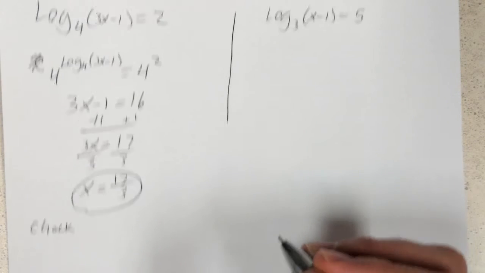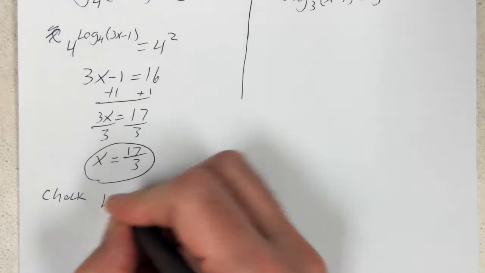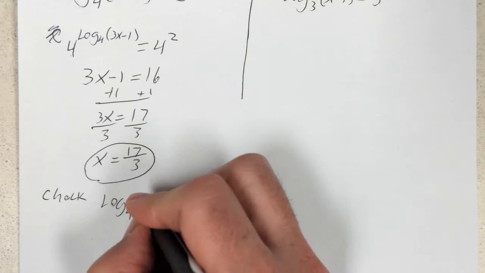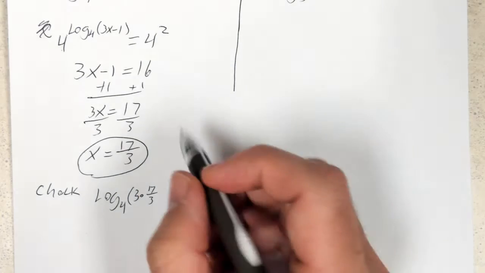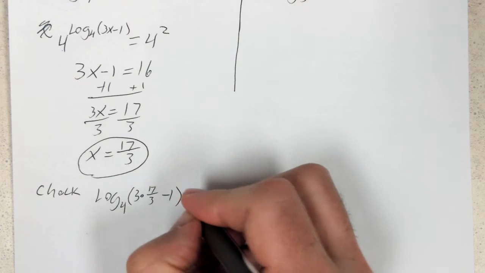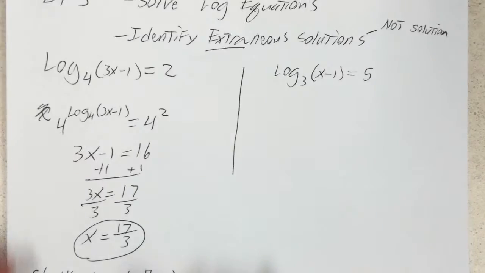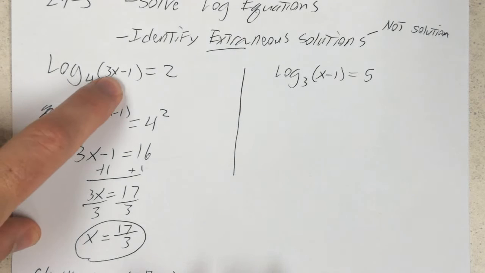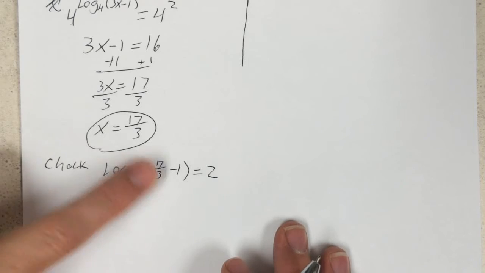So I'm going to go back to my original statement here. So log base 4 of 3 times 17 divided by 3 minus 1 is supposed to equal 2. That's this original statement. Instead of x, I wrote what we got x to equal, 17 divided by 3.